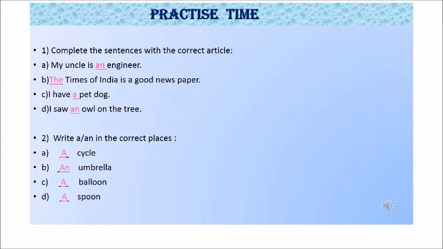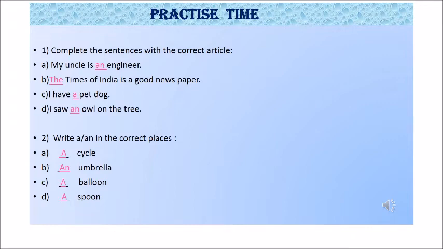Dash Times of India is a good newspaper. Now you know, children, Papa reads a newspaper every day, even Mama reads a newspaper, Dadaji reads a newspaper. So there are different types of newspapers with different names. Now, Times of India is also one of the leading newspapers of our country. So it is a special newspaper.